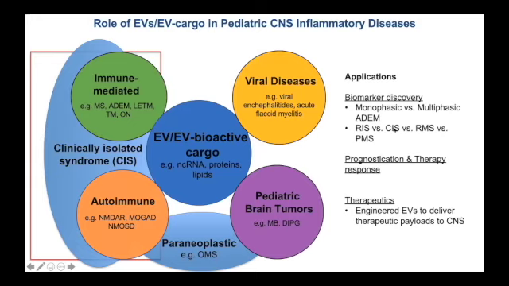So there's a lot yet to be done in terms of biomarker discovery, prognostication and therapy response, and then engineering EVs to deliver therapeutic payloads to the CNS, which, as I mentioned, our current therapies target the peripheral immune response, but not the compartmentalized CNS inflammatory response.